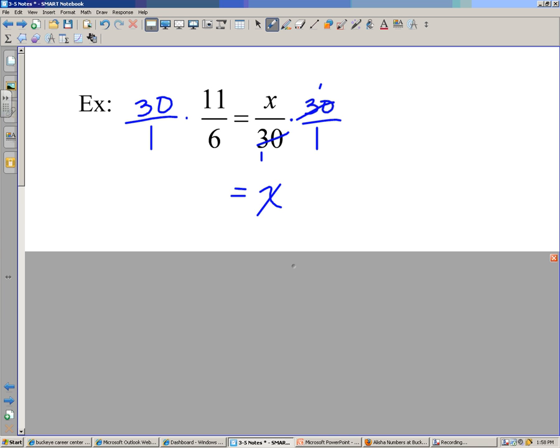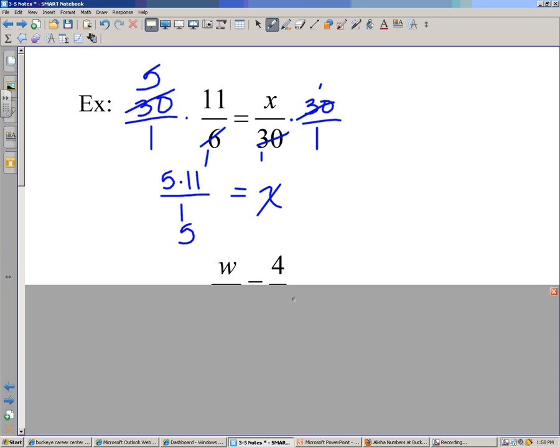Both of them are divisible by 6. 6 divided by 6 is 1. 30 divided by 6 is 5. So what am I left with? 5 times 11 over 1. So that gives me 55 over 1, or just 55.